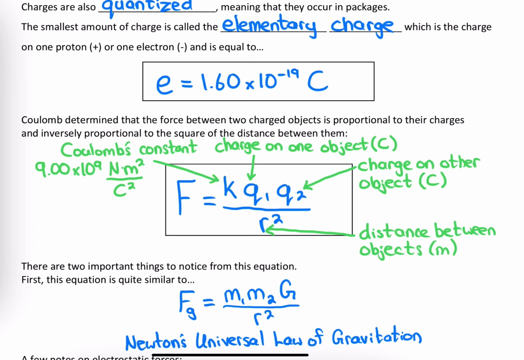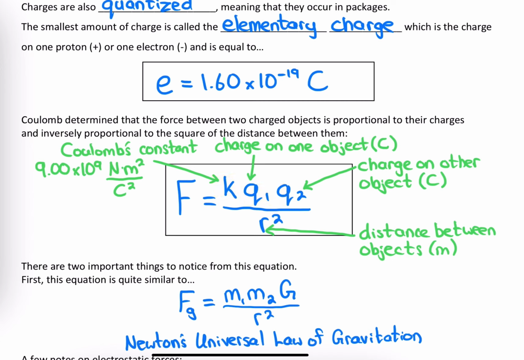F equals K Q1 Q2 over R squared. In this question, we're asked how far apart the two charges are, meaning we're looking for R. So let's rearrange this formula to isolate R. So I'm going to move R over to the left-hand side and bring it up to the numerator.